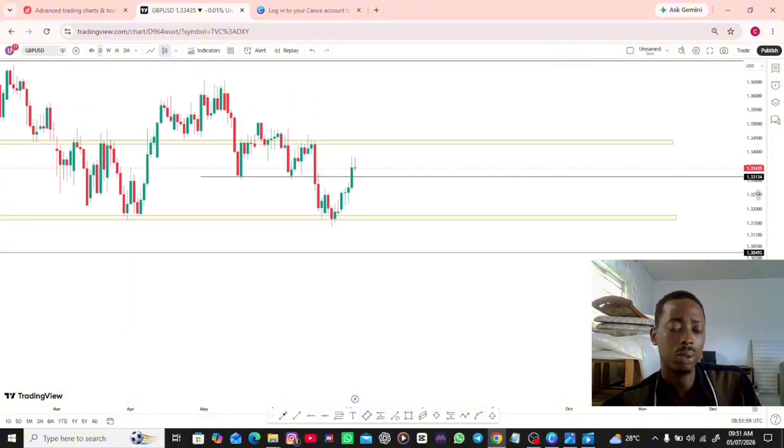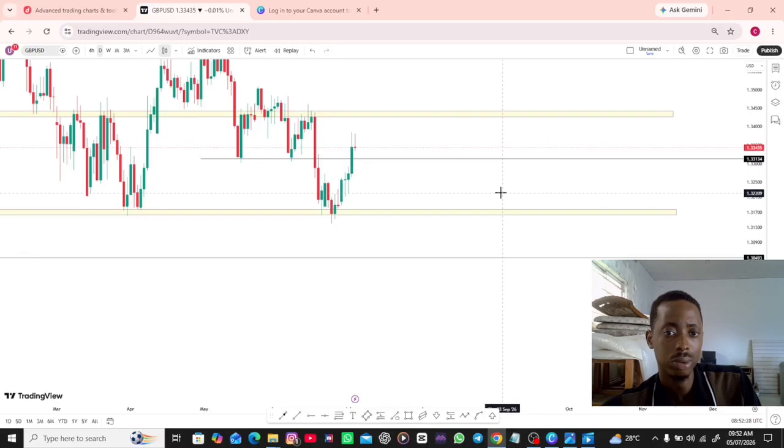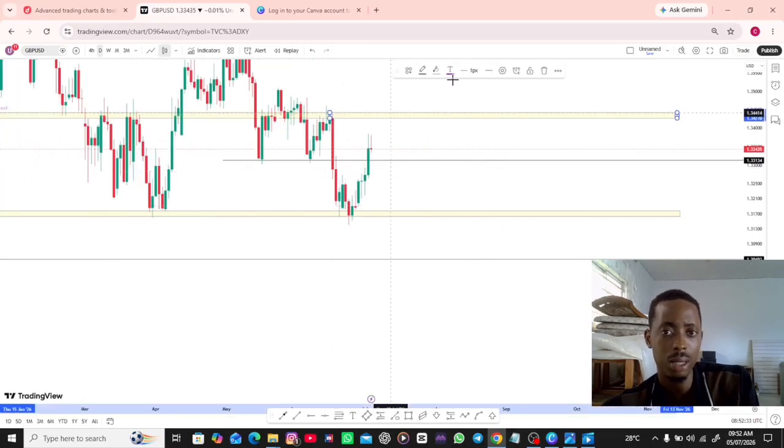I am looking for something like this: for the market to come here, push here, and head down towards this level, or for the market to push like this, come here, but I'll be very careful around this level. The market might decide to push to this level and start pulling to the upside, but currently I'll be looking out of this level, and my main aim is this level.